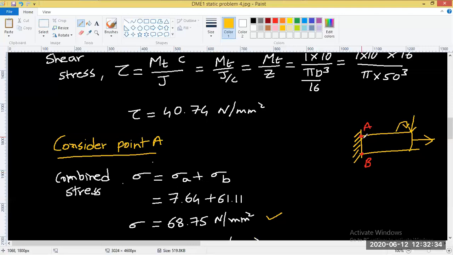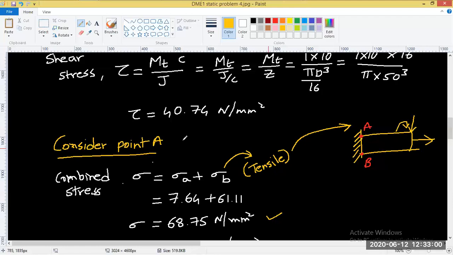Here, point A is being subjected to tensile load because of the bending portion. Bending is positive here because it is trying to stretch, or it is tensile here. So only the bending load here is tensile at point A.